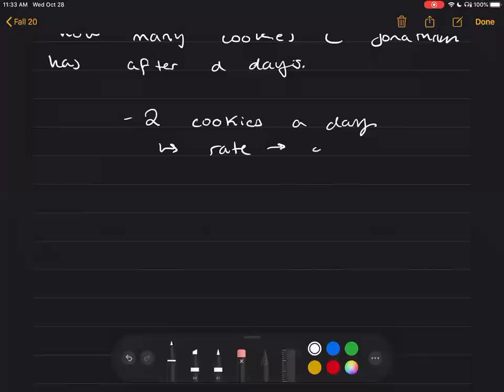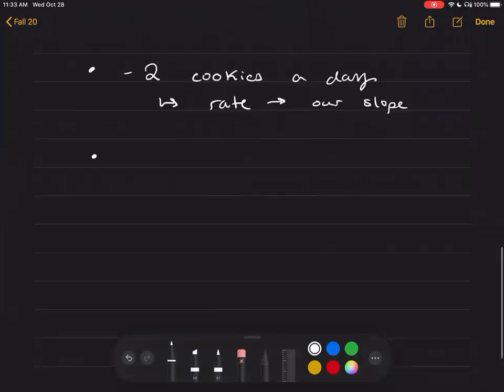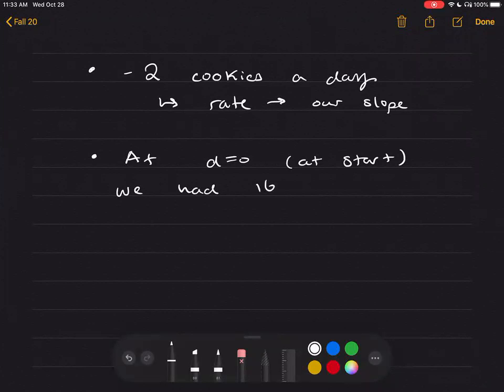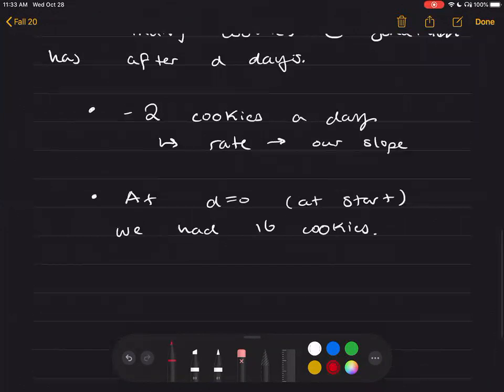Okay, so this is our rate. It'll become our slope. And then we also have that at d equals 0, so at the start, Jonathan had 16 cookies. Okay. So we have our slope, we have our start.